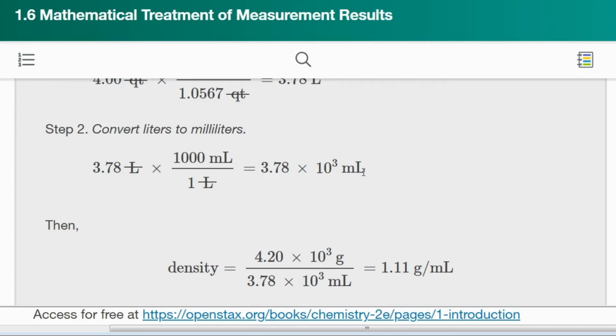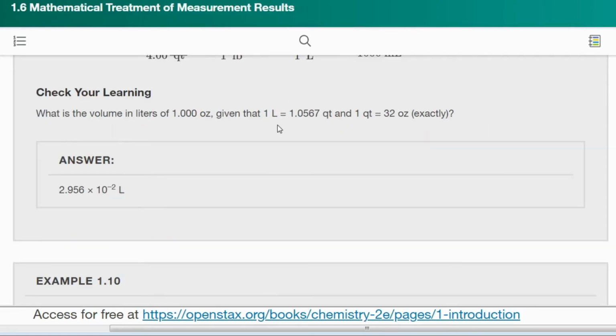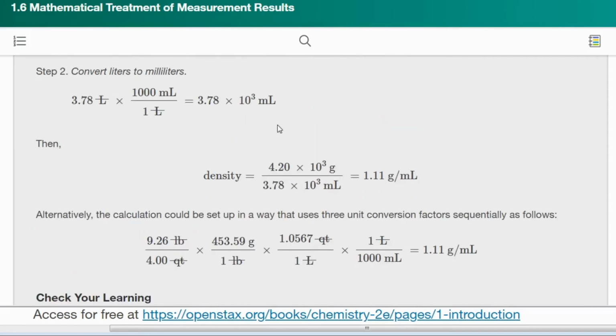If we laid this out on a page, it might be a little easier to see what part fits where, because they just threw a whole lot of numbers at you. Maybe I could just shrink this down, and then we could see it a little bit better.